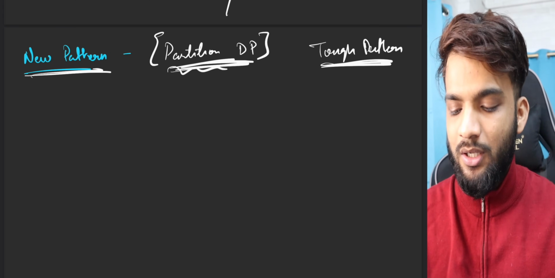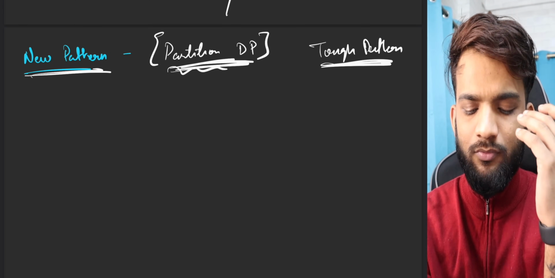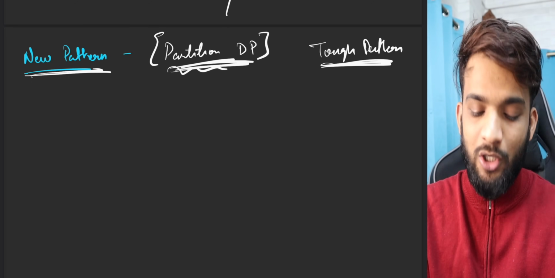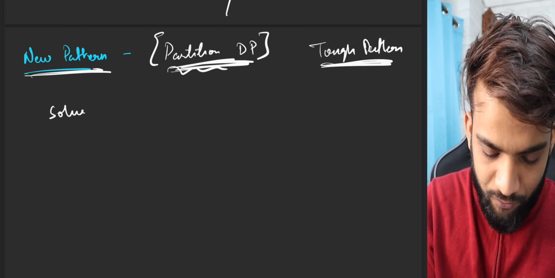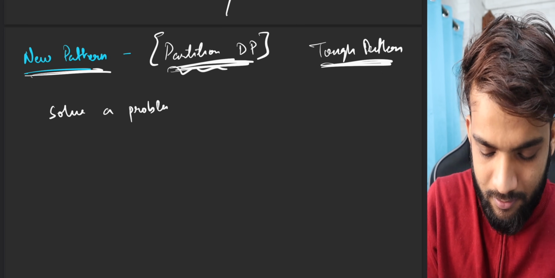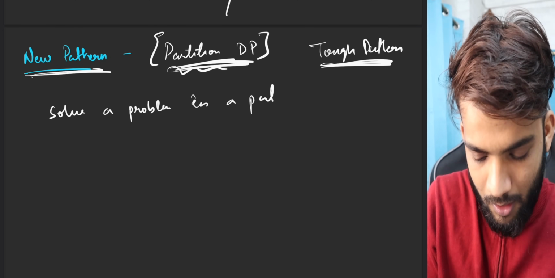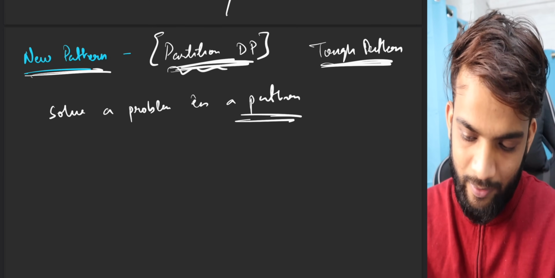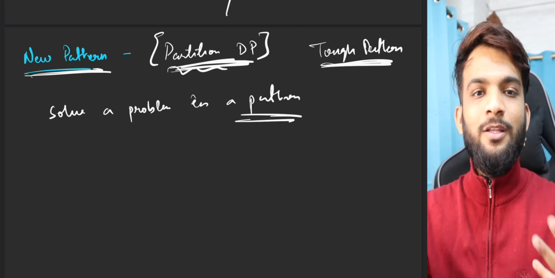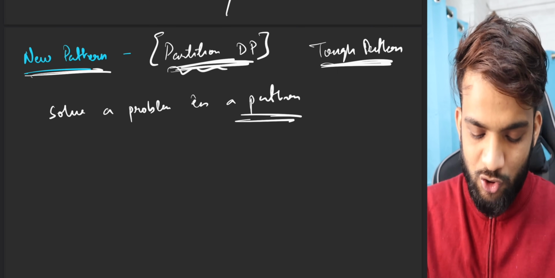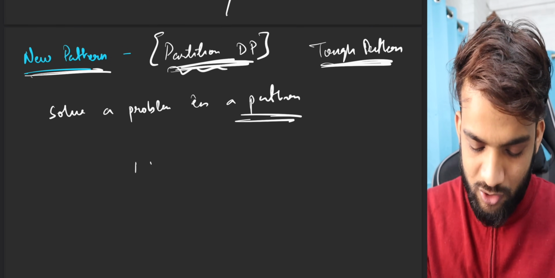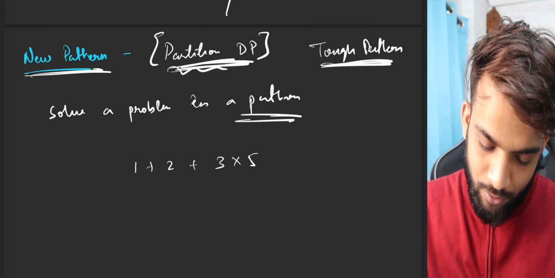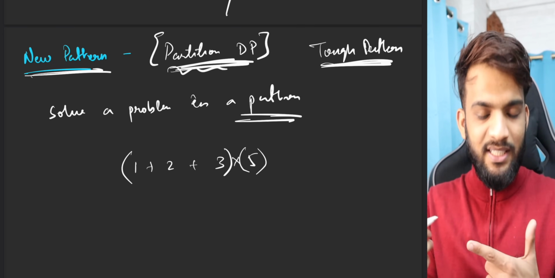Generally, in all the problems where you'll be asked to solve a problem in a particular way, remember this: solve a problem in a pattern. Now, what is the pattern? For example, whenever you do mathematical calculations, assume you have been given something like 1 plus 2 plus 3 into 5. But if you put the brackets like this, the answer is different.